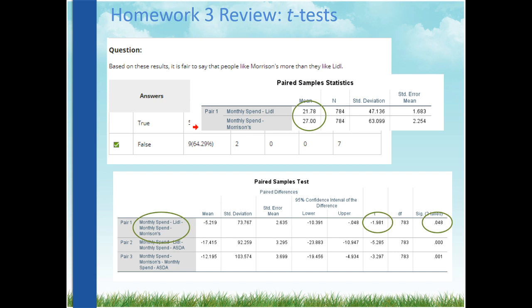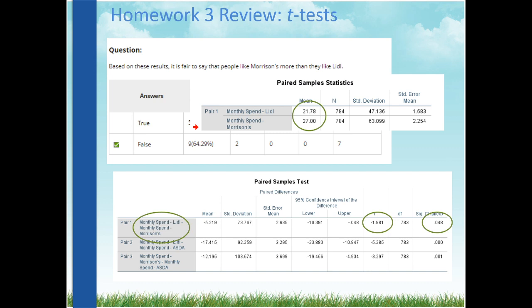And then the last one is this question. Based on these results, it's fair to say that people like Morrison's more than they like Lidl. True or false? A number of folks said false, and this also is about how do you accurately interpret your data.